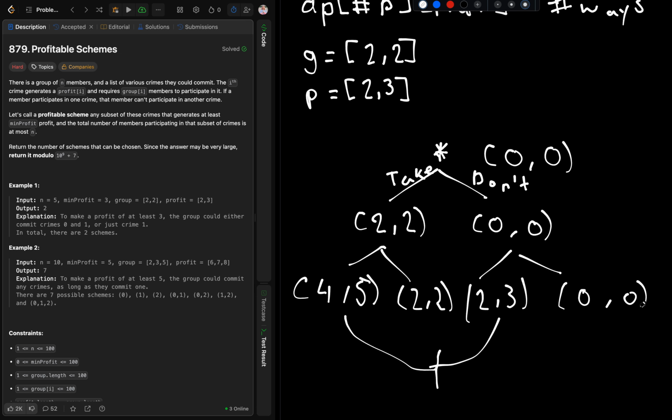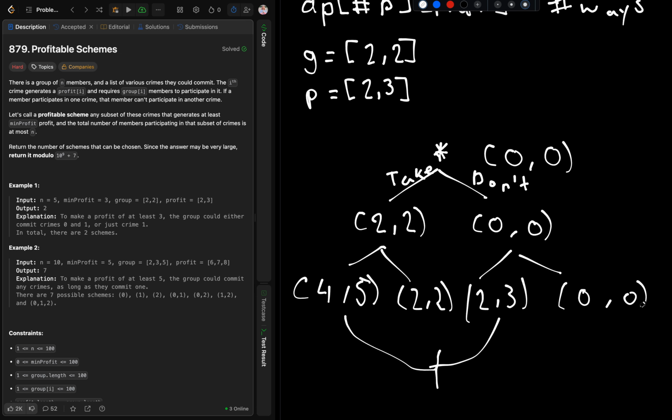So our DP will be, yeah, it'll be 0. The number of ways is 0. So min profit, for a range of n plus 1, because we want 0.